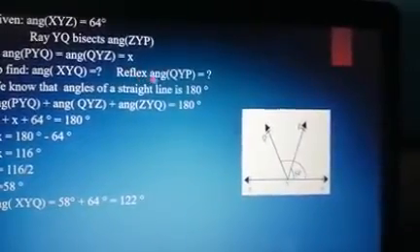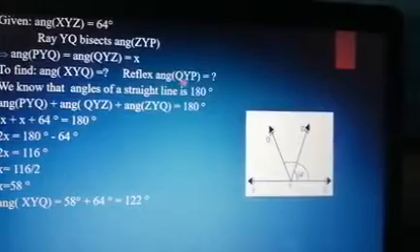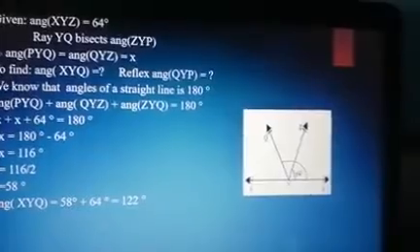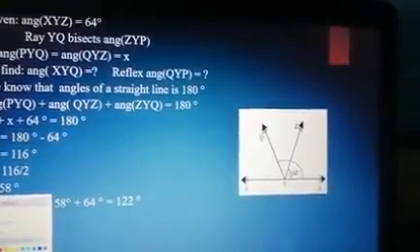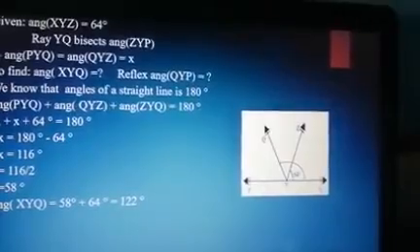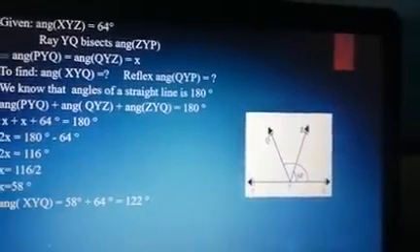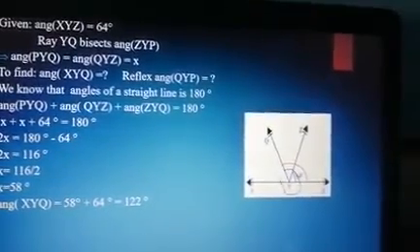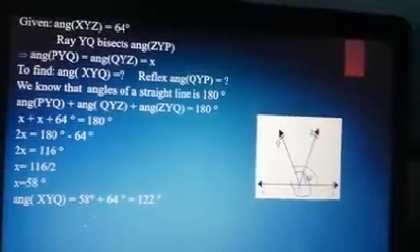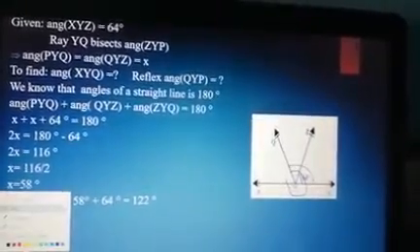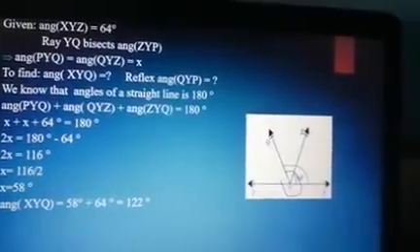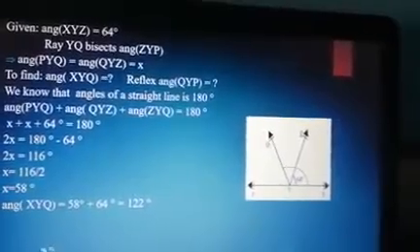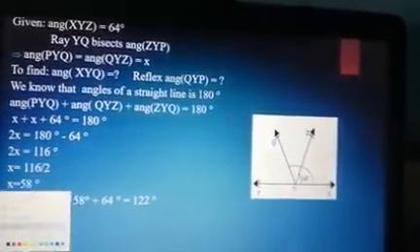Next they are asking us to calculate the reflex angle of XYP. So what is the reflex of angle XYP? The reflex of angle XYP is all this complete angle. We always know that the reflex angle is that complete angle, and we should take 360 minus that angle.